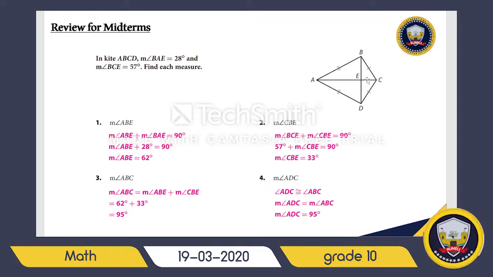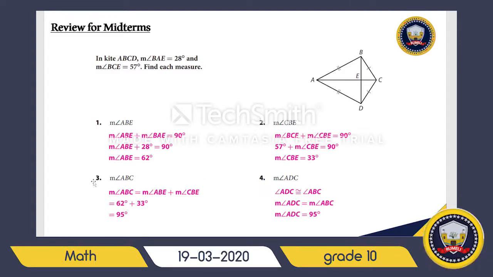So 180 minus 90 gives us EBC plus BCE. So BCE plus CBE is 90. BCE is 57 given here, plus CBE is 90. I'm going to solve for CBE, that is 90 minus 57, which is 33 degrees.